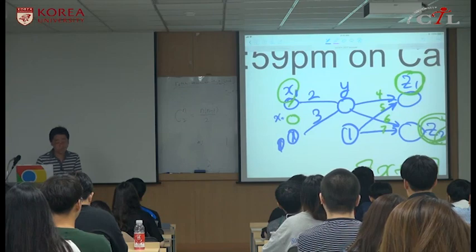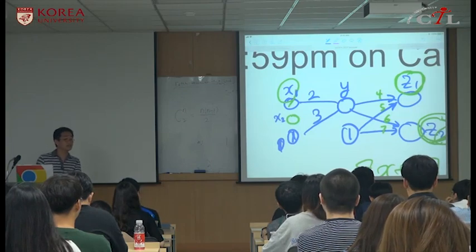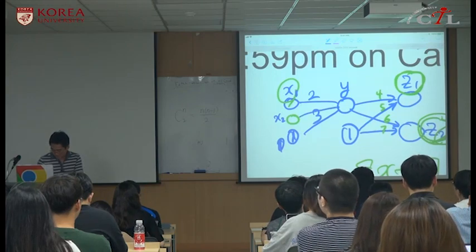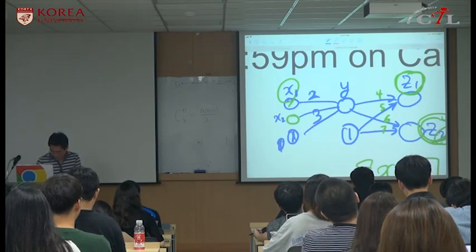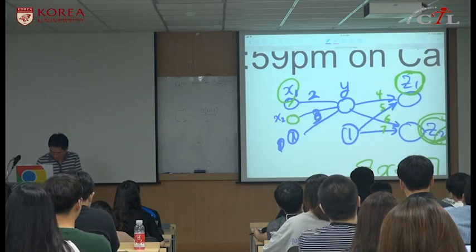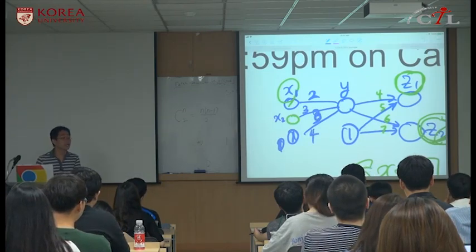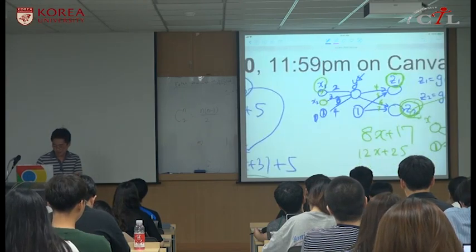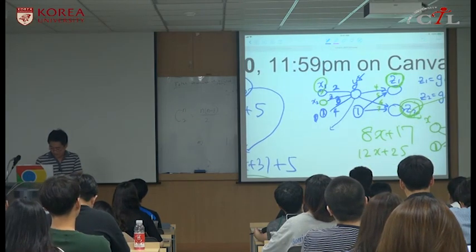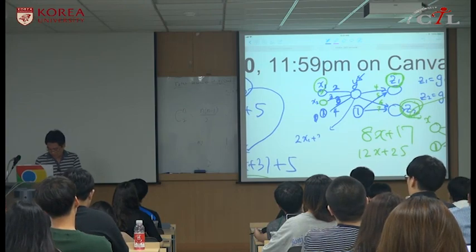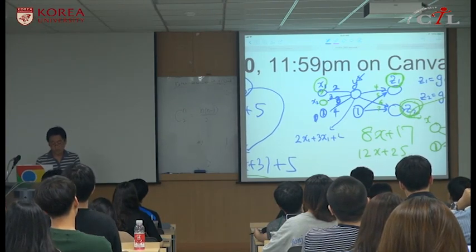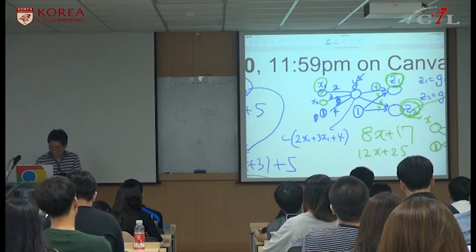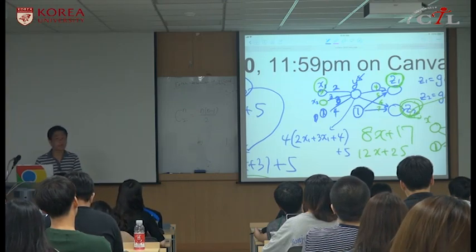x1 and x2, okay, x1 and x2, and then suppose this guy was 2 and maybe 3 and 4, right? And then this y will always have x1 times 2 plus 3 times x2, and 4, right? And then it is multiplied with 4 and plus 5, right?